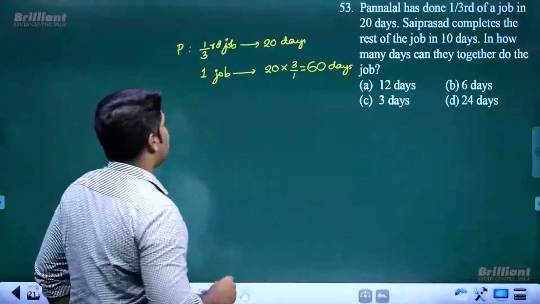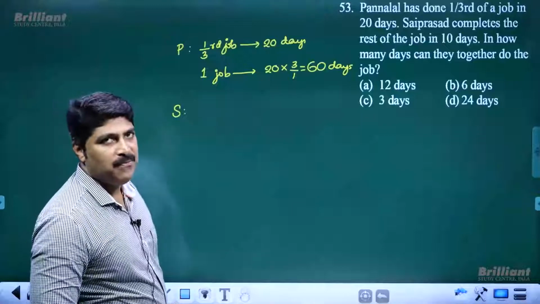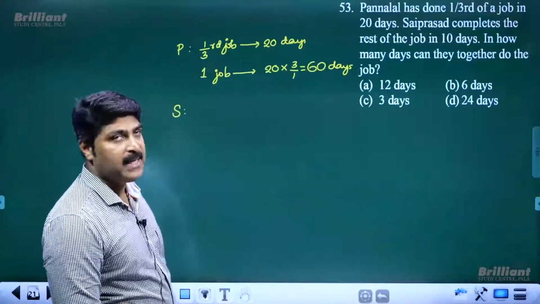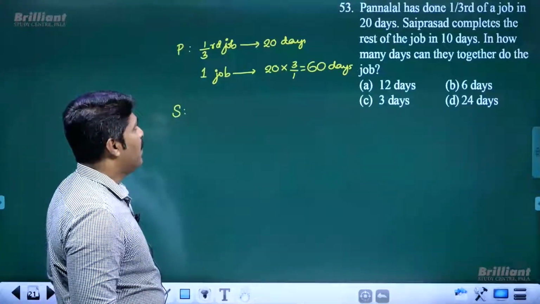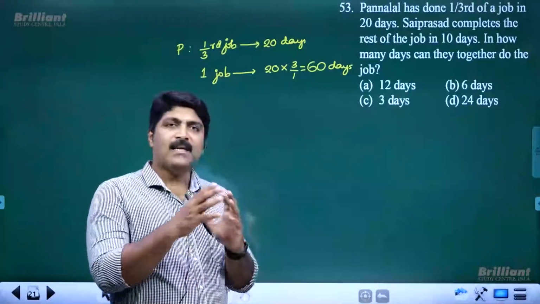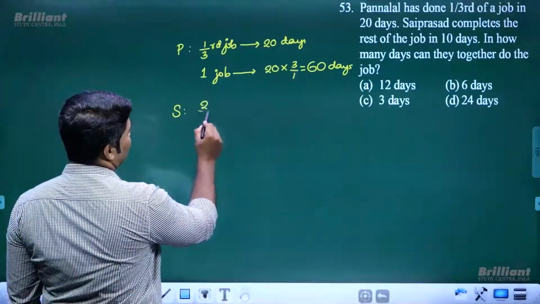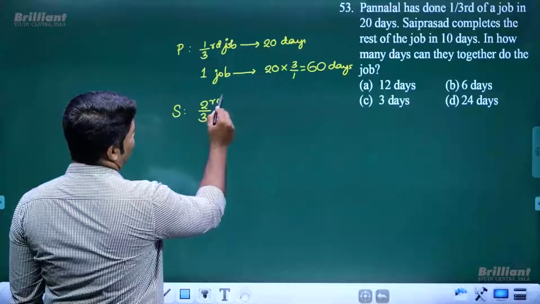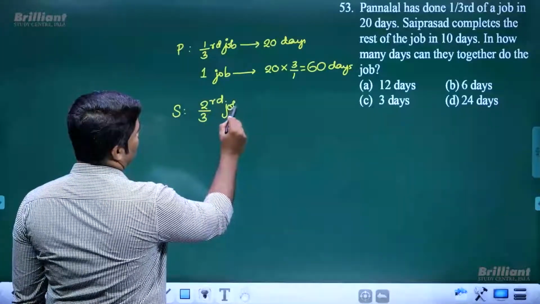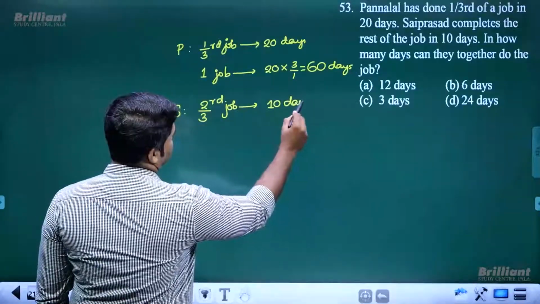And it is given that the second person is Sai Prasad. What quantity of work did he complete in 10 days? That's the remaining job. As 1/3 of the job was completed by Panalal, what's the remaining quantity of the job here? That remaining quantity is 2/3. So 2/3 of the job, Sai Prasad required 10 days.